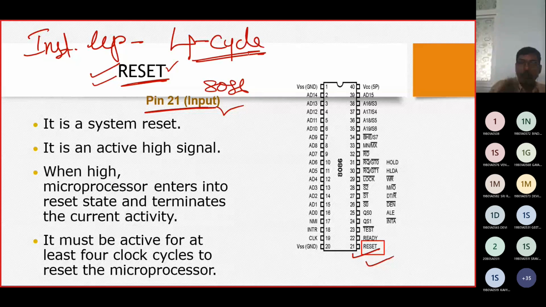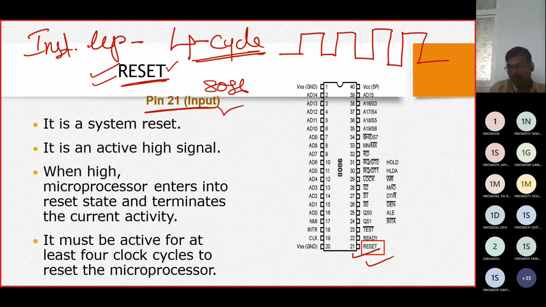One we call initialization, two we call decoding, three we call execution, and four is completion, or generation of the output.